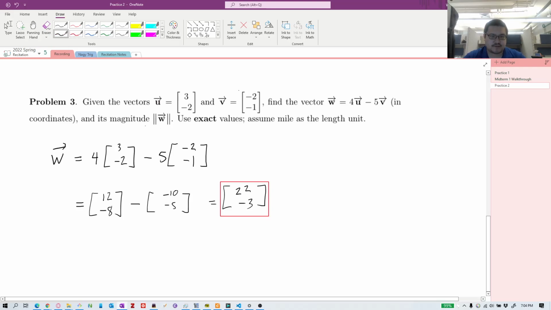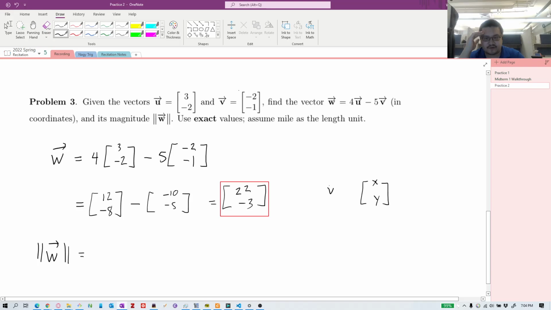The next thing it wants is the magnitude. So don't forget that. We're going to use it's kind of a distance formula, right? I don't remember if you learned this for more than just 2 dimensions, but let's talk about this in terms of just 2 dimensions.